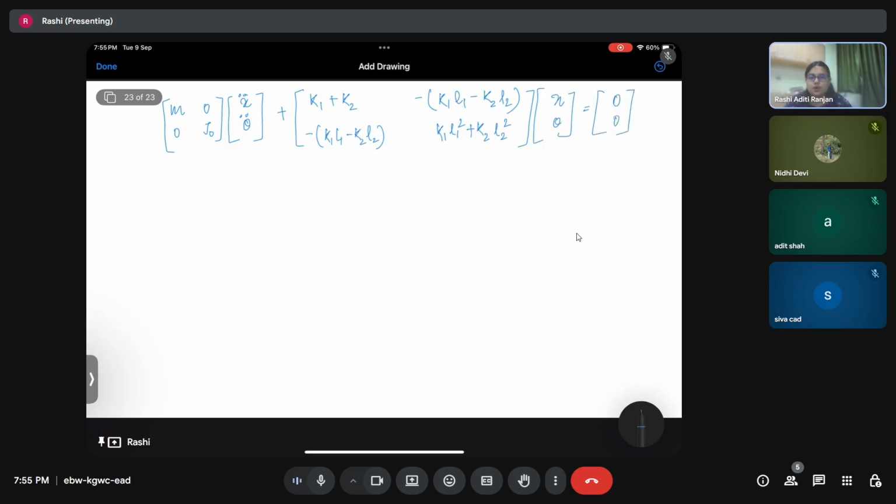So this is the matrix form that we got. It is applicable for the question that is already given to us.